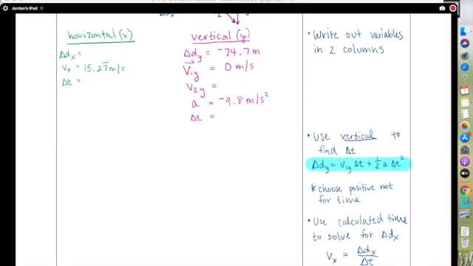Plugging in the information that we know, delta d of y is negative 74.7 equals our v1y, which is 0, times delta t, plus 1/2 our acceleration, negative 9.8, delta t squared.